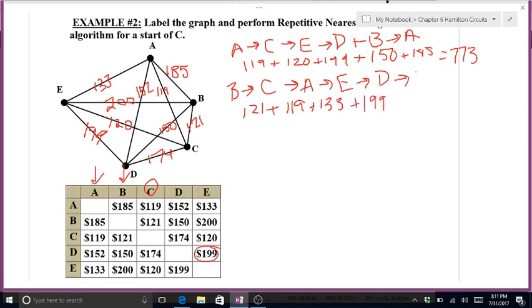And from D, I have to go back to B. And D to B is 150. So 121, 119, 133, 199, 150. That gives me a grand total of 722.